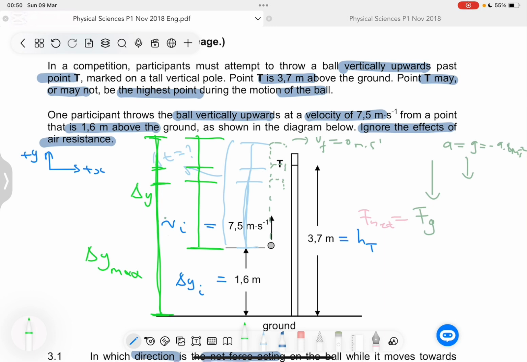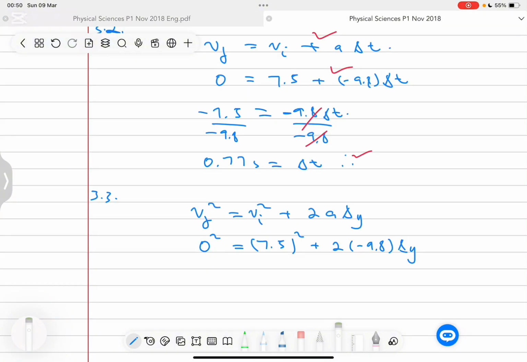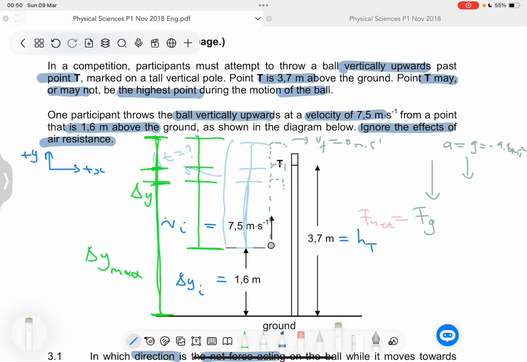Remember, I don't know if this thing will be below T, at T, or above T, but either one of those will give me the maximum height, meaning I need to add this height and the height that I get here or here, or that one that is above. Now, the one that we are calculating here would be the one that starts at the 1.6.